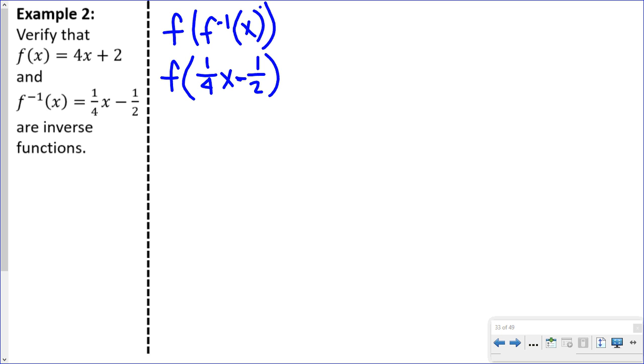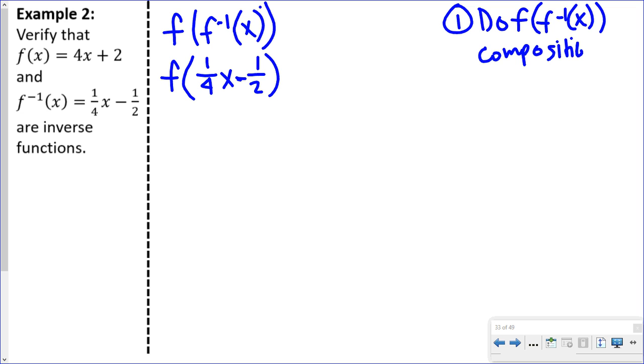So first do the f inverse of x composition. So now we're going to do that.